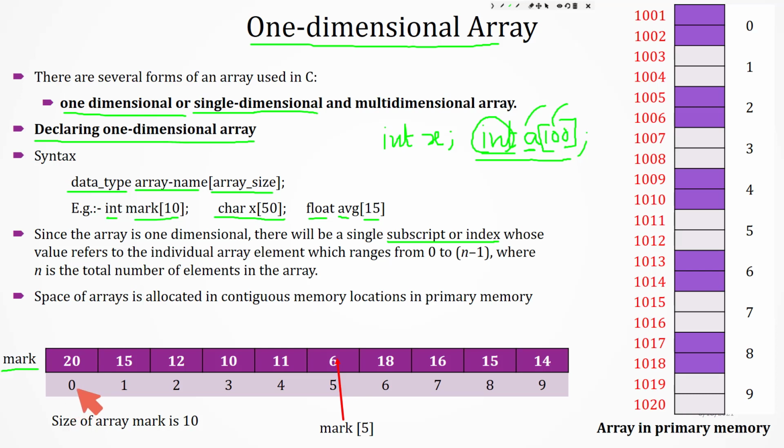And if you notice the index value, it starts from 0 and ends at 9. Suppose I have an array which contains n elements, the index value always starts from 0 and ends at n minus 1, where n is the total number of elements in the array. So if the index value is 0 to n minus 1, then the array will contain n elements.